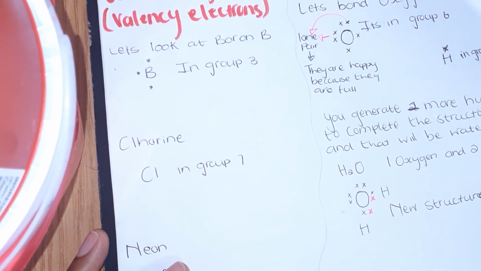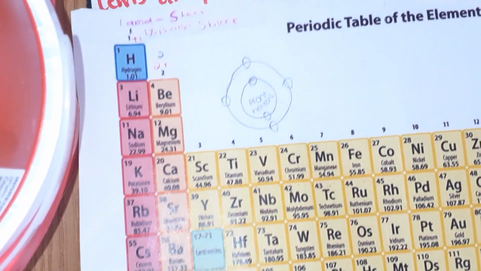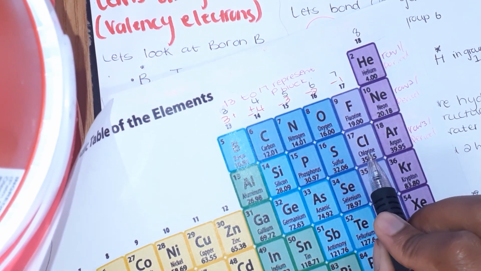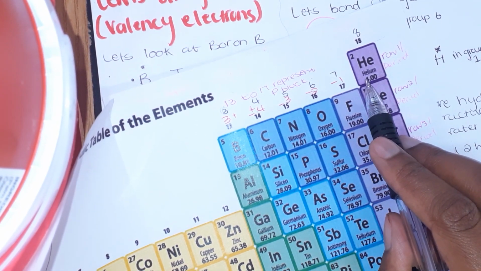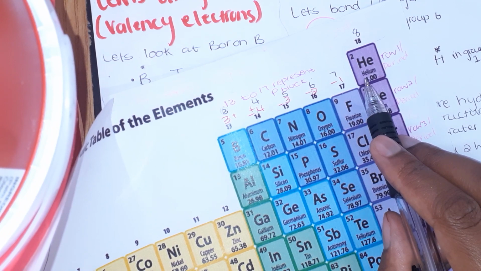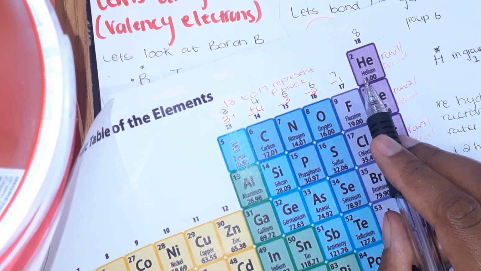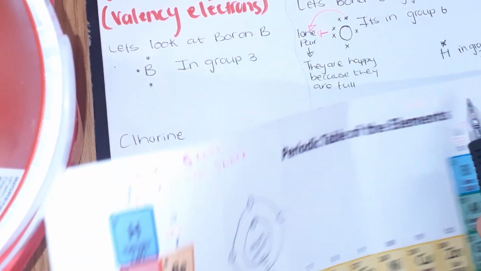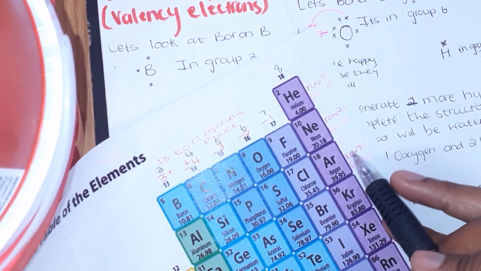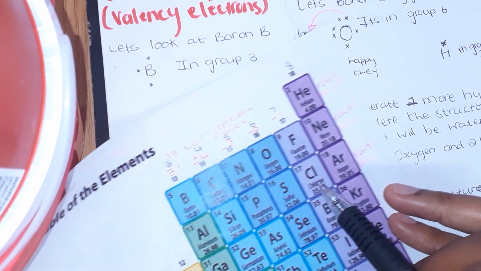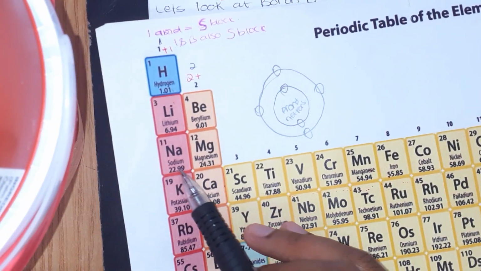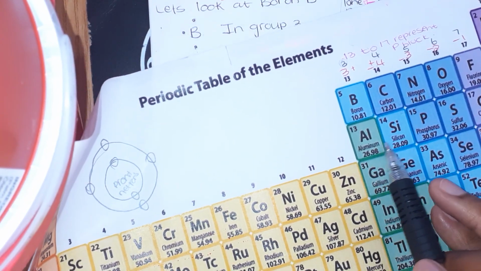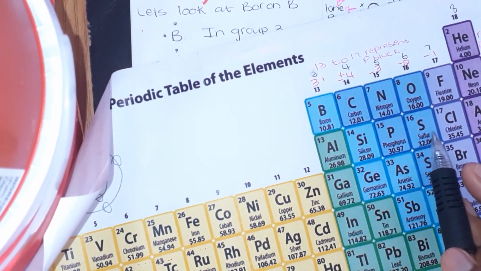Now, the other thing we can look for is chlorine. Chlorine is here. It's in the 3rd row. If we were writing it as an atom, here we will have 3 rows because chlorine is in the 3rd row. But we will calculate, we count from here, 1, 2, 3, 4, 5, 6, and 7.